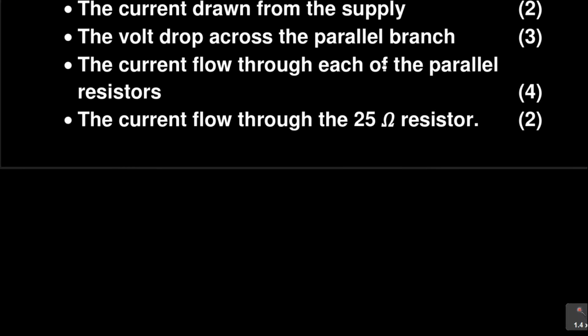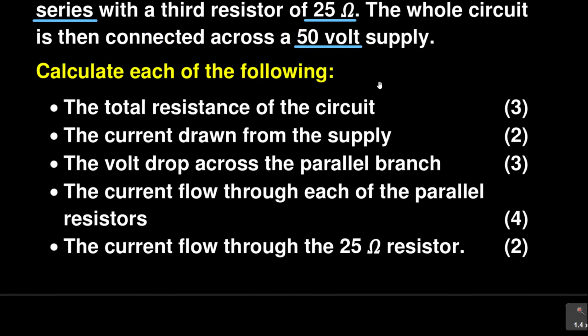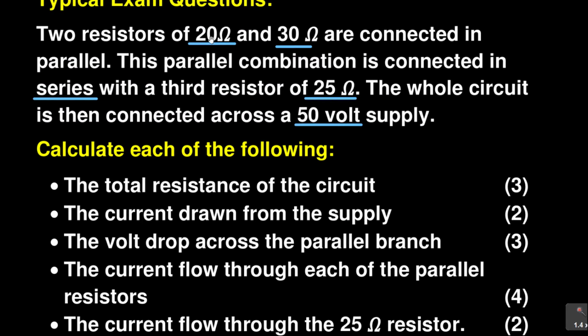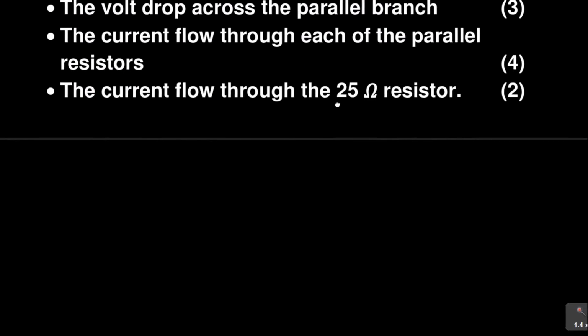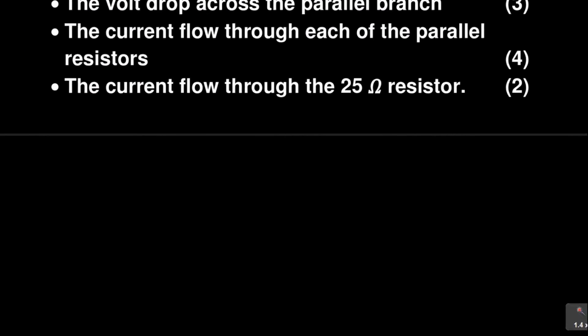First things first, they told us we've got two resistors, 30 and 20, connected in parallel. So if I'm to have that, I'm going to have a scenario like that, with one resistor there. Let me make it a bit longer.